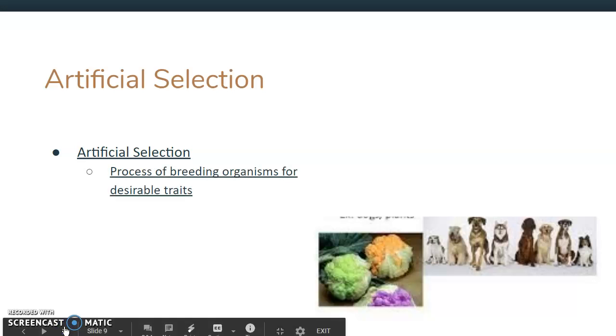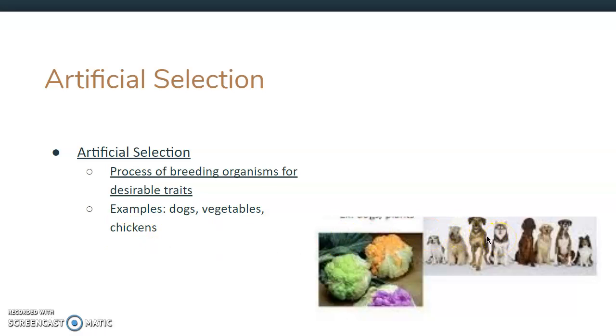Artificial selection, again, let's define it, is a process of breeding organisms for desirable traits. Our examples that are very common in this are dogs, a lot of different vegetables, and chickens. For dogs, we will artificially select the breeds that we want.